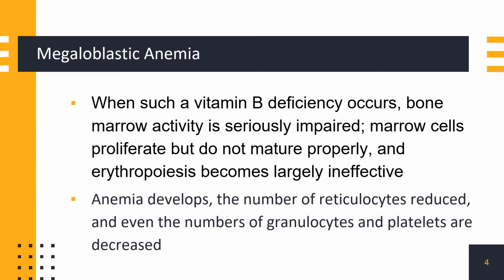The marrow cells proliferate but do not mature properly, and erythropoiesis becomes substantially ineffective. Anemia will now develop, and the number of reticulocytes is reduced, and even the number of granulocytes and platelets is also similarly affected.